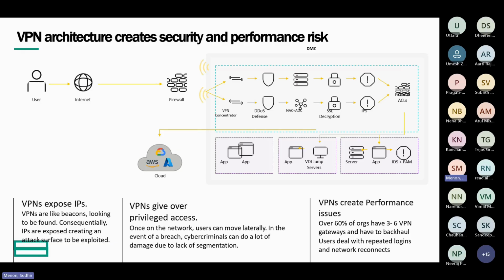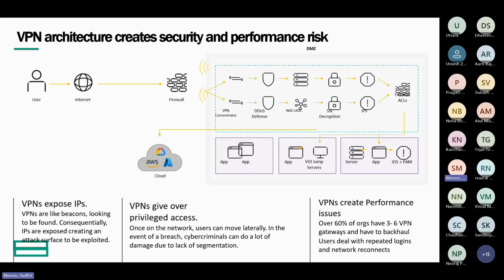Not to mention, the VPNs give overprivileged access, because there is a likely chance of misconfiguration of VPN, or possibly due to a misconfigured rule, etc. A cyber criminal can do a lot of damage or snooping around in your environment.